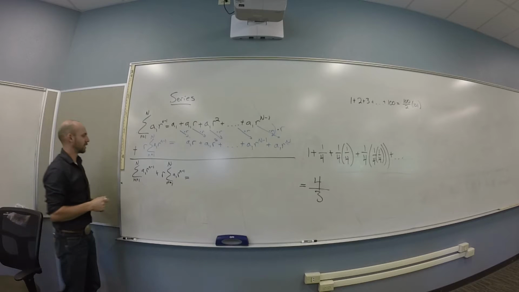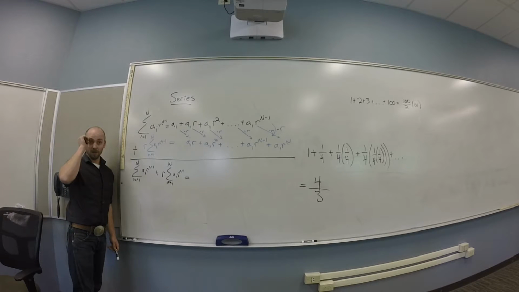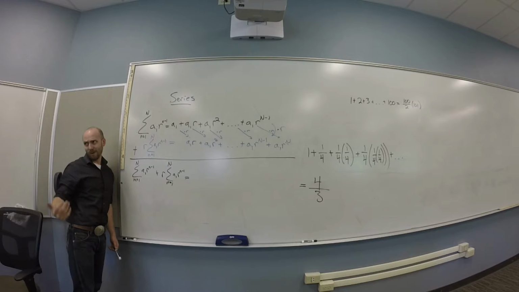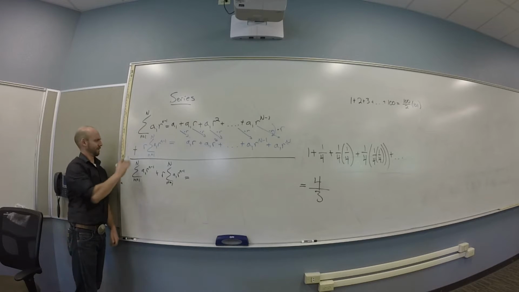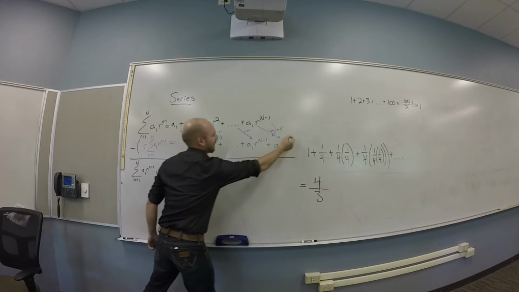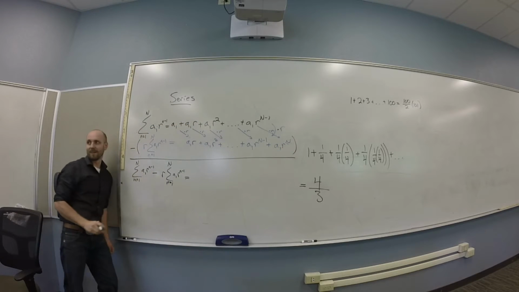oh, I said I was going to add, but adding is stupid. Why is adding stupid? Just because nothing's going to cancel. What's the point? Don't add that, subtract it. Why is subtracting better?